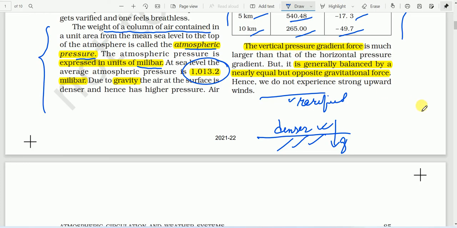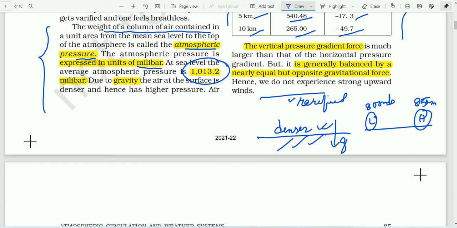Okay, let us continue. The vertical pressure gradient force is much larger than the horizontal pressure gradient. Say for example, here we have low pressure, here we have high pressure, and let us say here the pressure is 800 millibar, and here the pressure is 850 millibar.